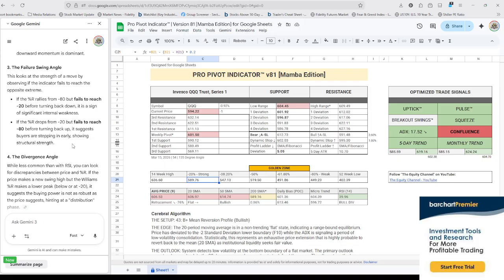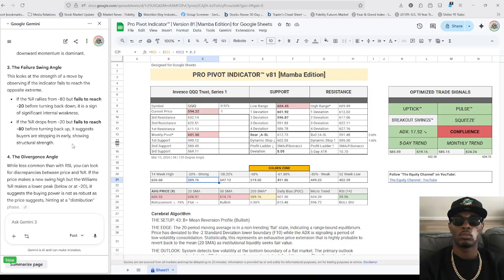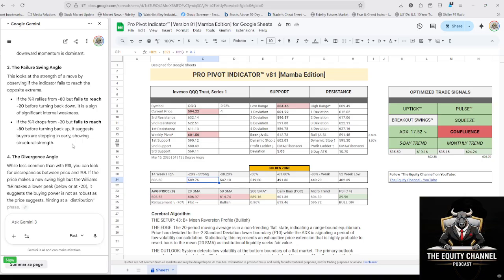The failure swing angle, another one of my favorites. Okay. All right, the failure swing. So this looks at the strength of a move by observing if the indicator fails to reach the opposite extreme, right? So, for example, if the percent R rallies from negative 80 but fails to reach negative 20 before turning back down, it's a sign of significant internal weakness, right?